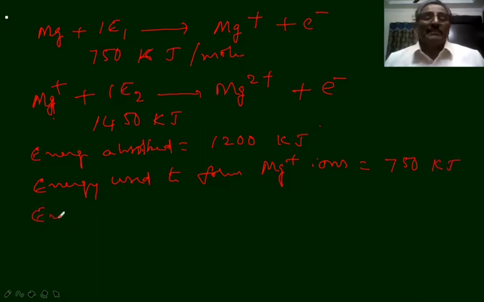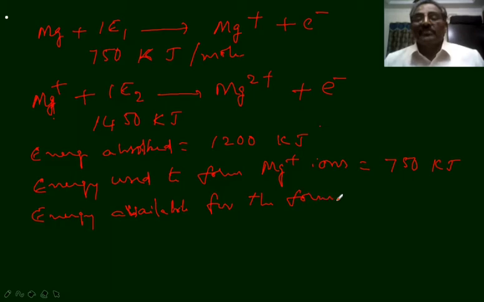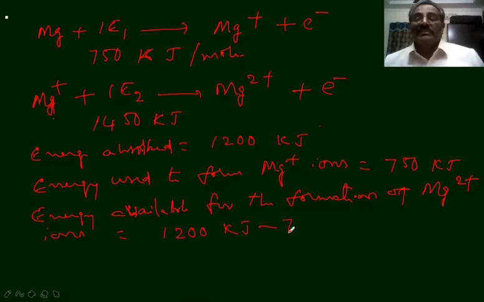So energy available for the formation of Mg2 plus ions is equal to, among 1200 kilojoules of energy, 750 kilojoules of energy is utilized for the formation of Mg plus ion.